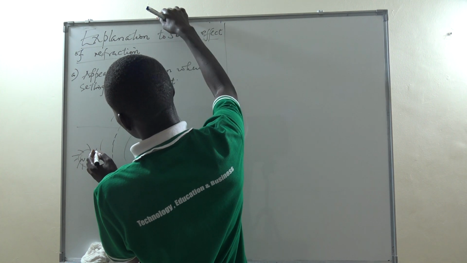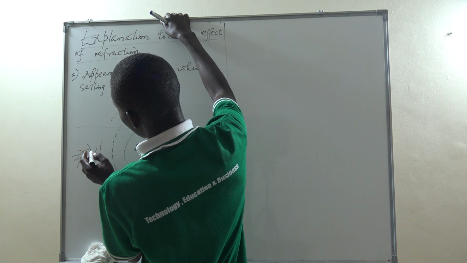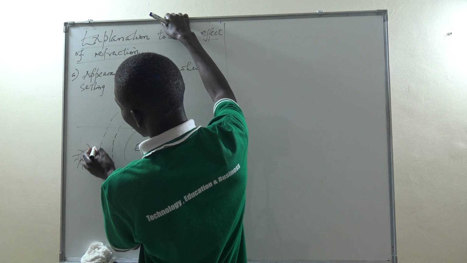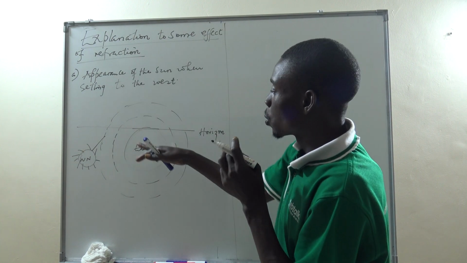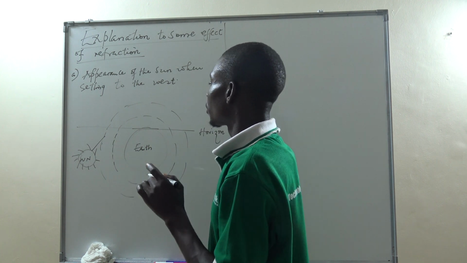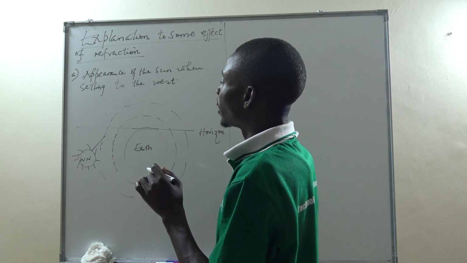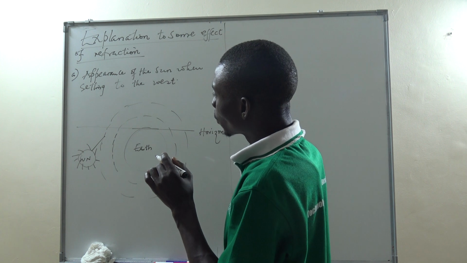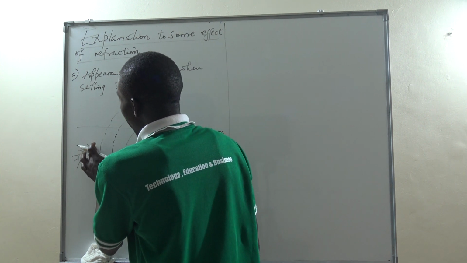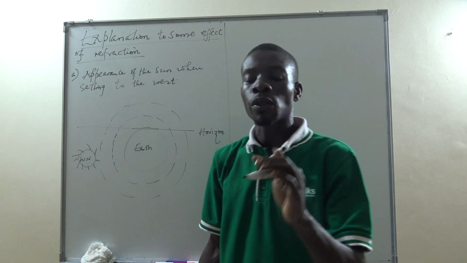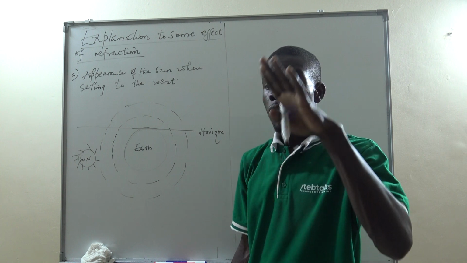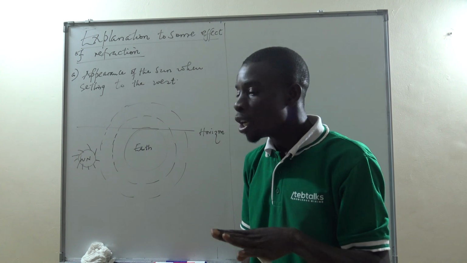What happened is, the rays from the sun will come there. Because now the truth is, as the sun is setting, what is very true is that the layers of air next to the earth's surface become very cool, isn't it?